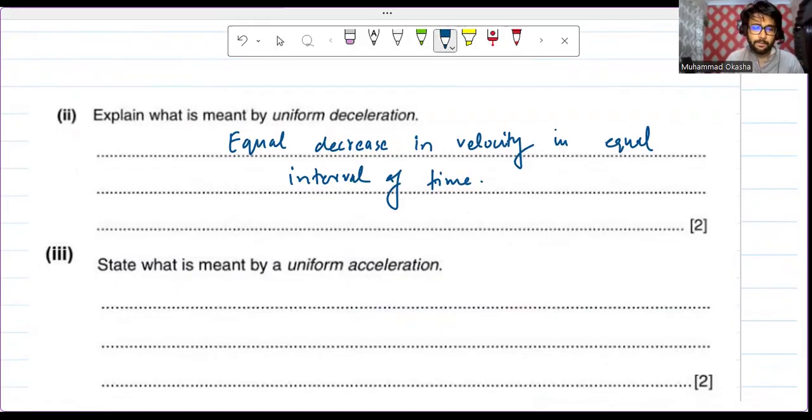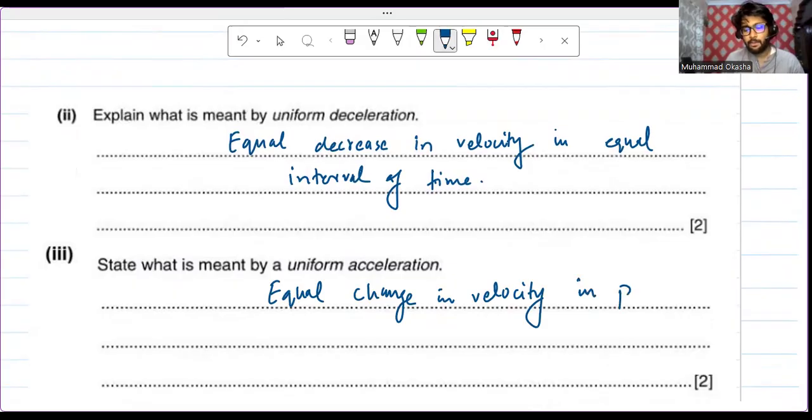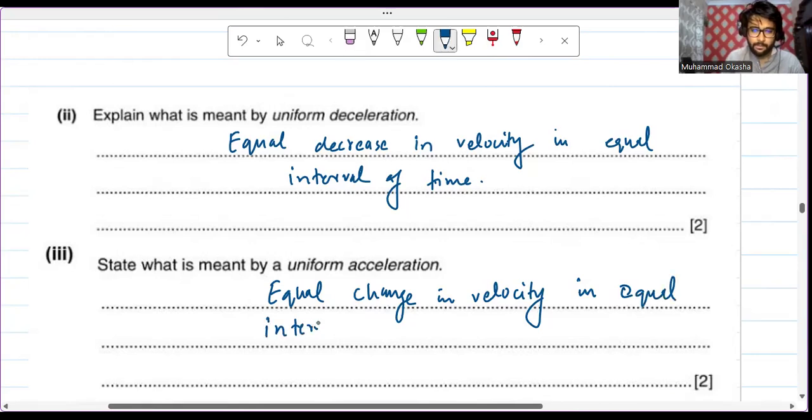What is meant by uniform acceleration? Of course, equal change in velocity in equal intervals of time, or you can say per unit time. They will both make sense. Equal change in velocity in equal intervals of time, and that is uniform acceleration.